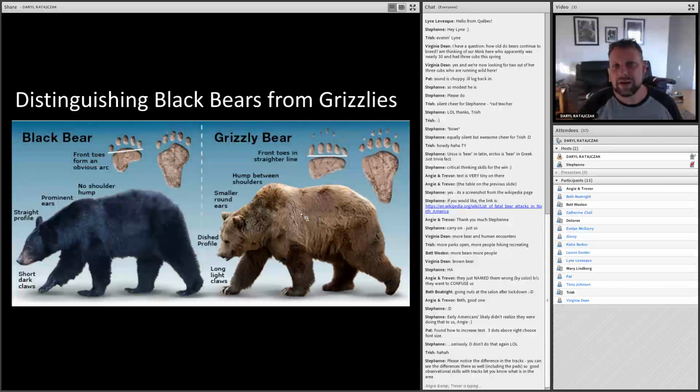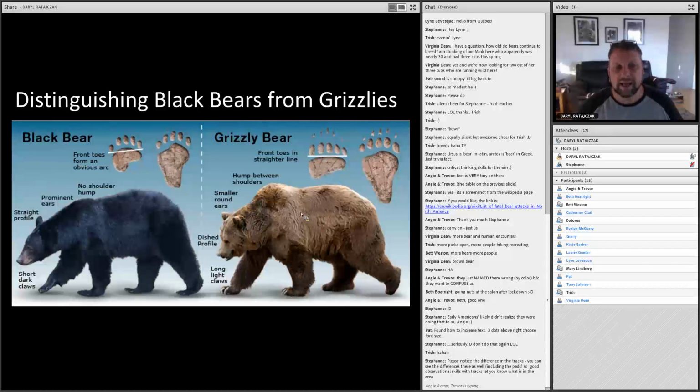The grizzly, on the other hand, has a much poofier ear, oftentimes smaller, rounded. It's like there's more meat to it if you grab it. That's the best way. Again, ears are not a really good defining characteristic, but they can help you.